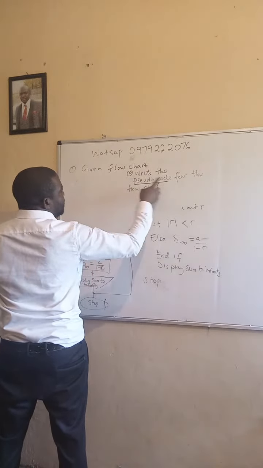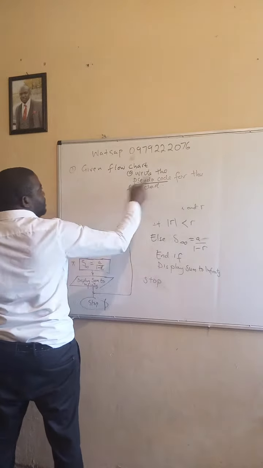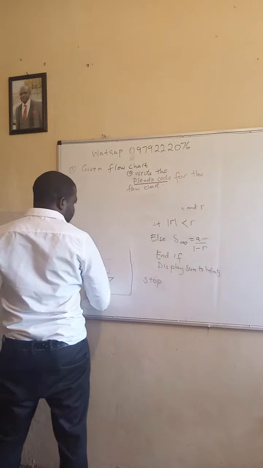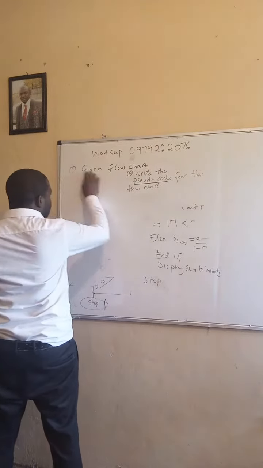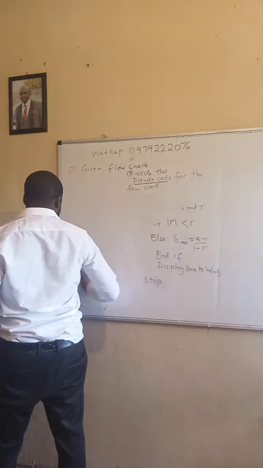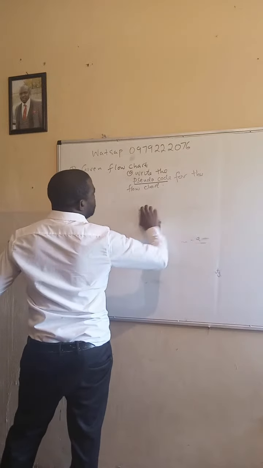This was: write the pseudocode for the flowchart. So we wrote the pseudocode for this flowchart. Now let's go to the next question. It's also on the pseudocode.